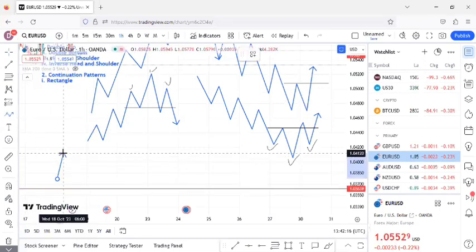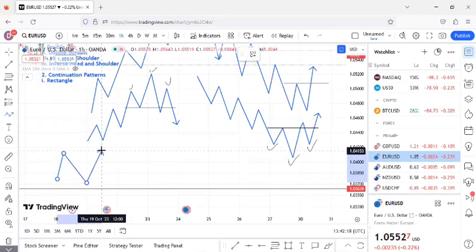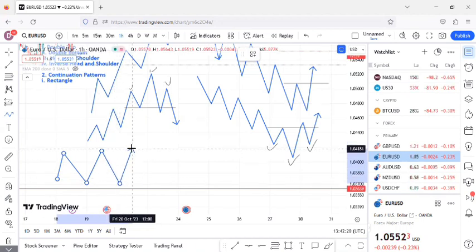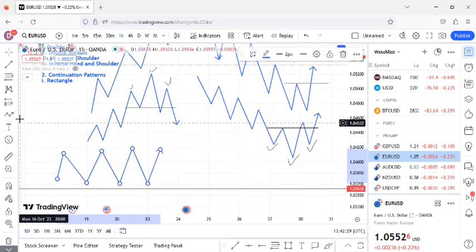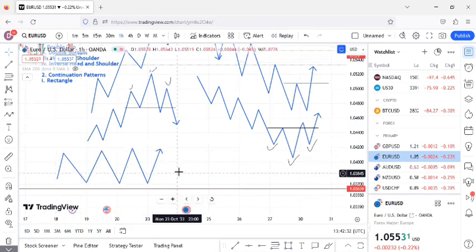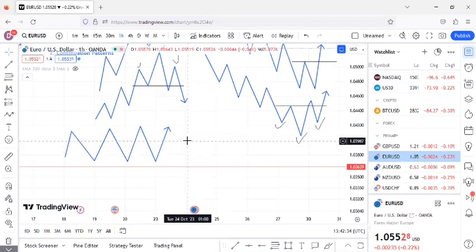And it looks like this. When you see a pattern like this on the chart, we call this a rectangle. So here you have a line.